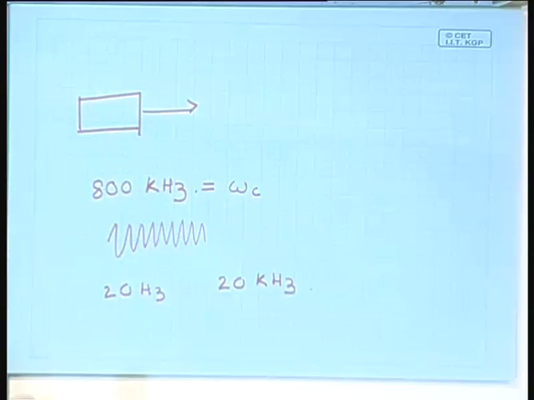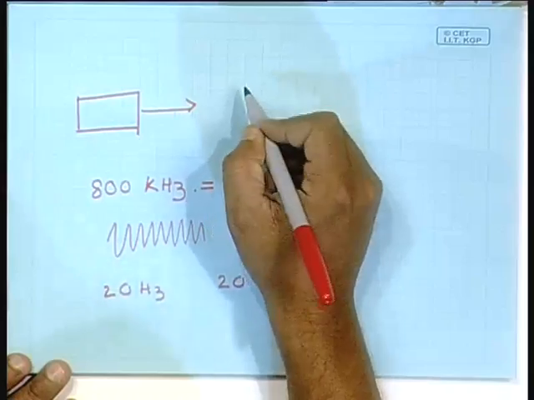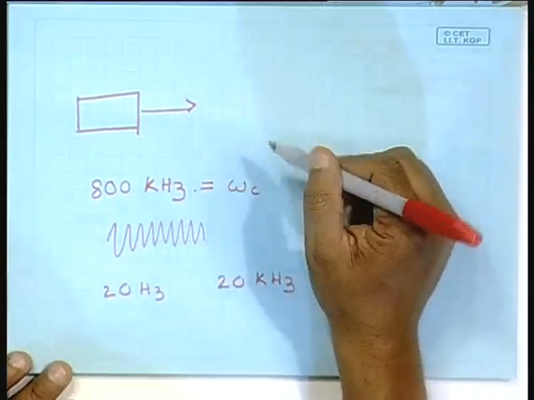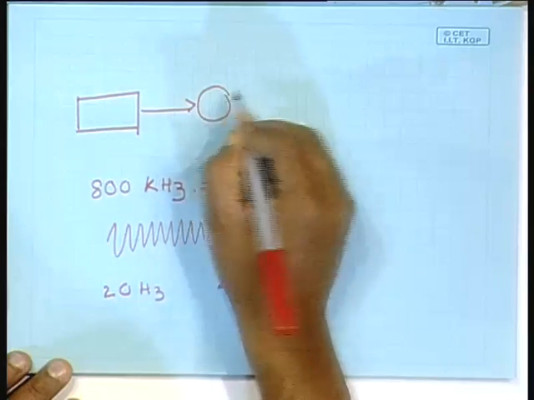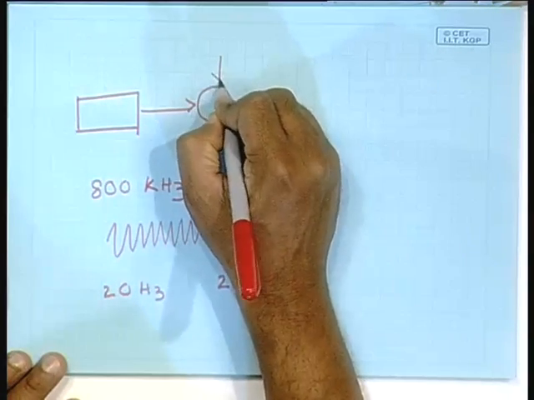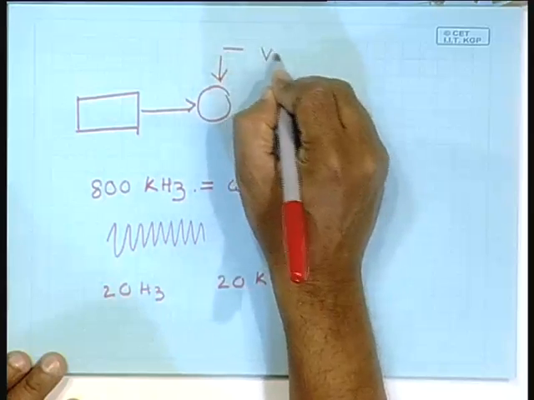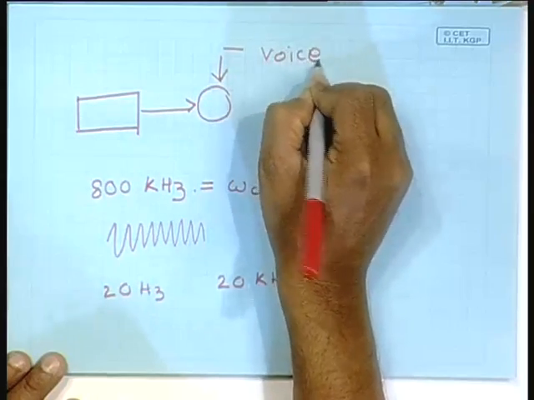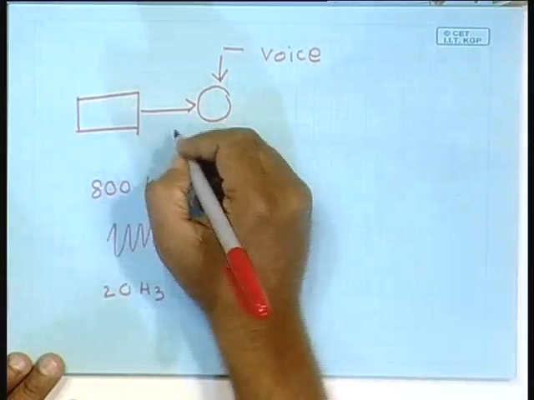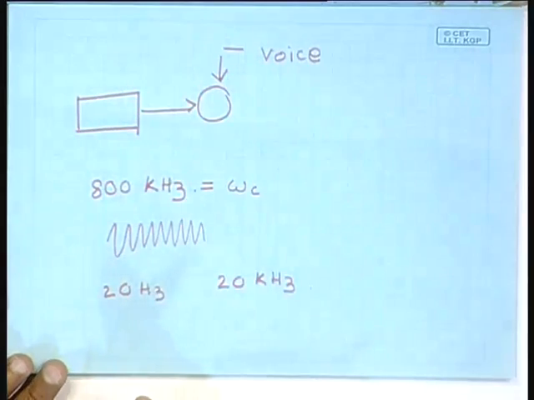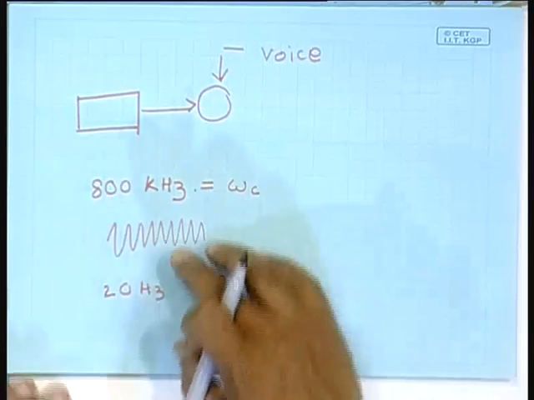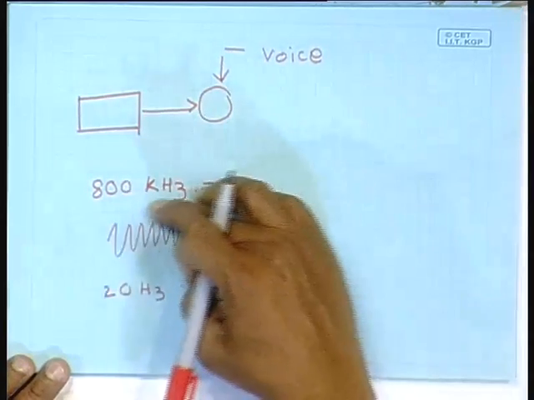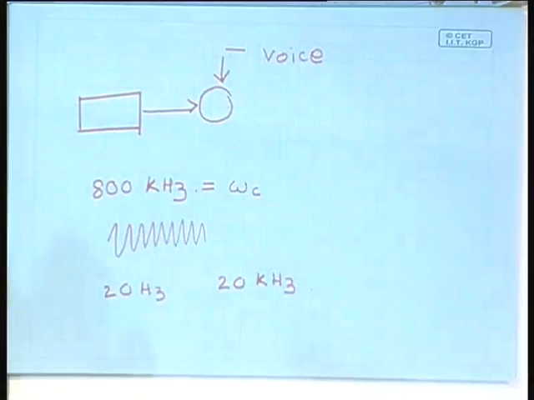So, by using a microphone, my voice could be converted into an electrical signal. This is my voice, the signal which we wish to transmit, and this is the carrier wave, and the amplitude of the carrier wave is modulated so that the changes in the amplitude are the signal which I wish to send, which is what I have shown over here.